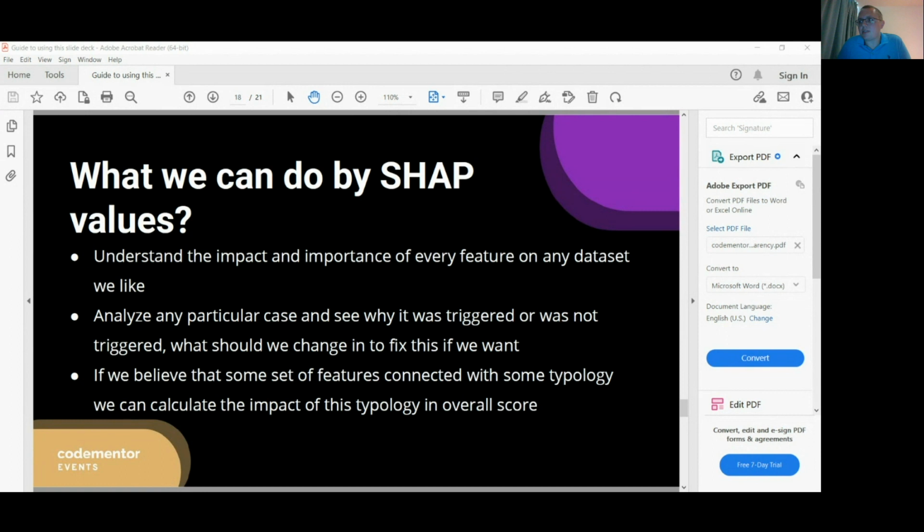But as I understand, it increases exponentially depending on the number of features. So for 1,000 or 10,000 features, from my perspective, it's almost impossible to do all this calculation. I mean the Shapley calculation.